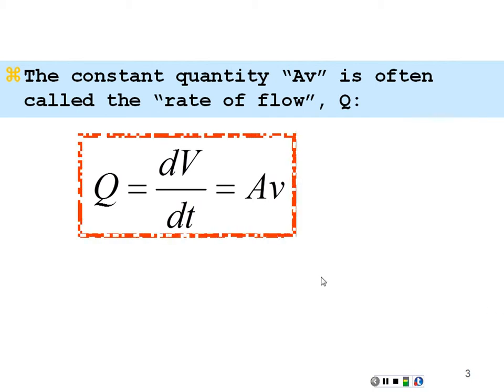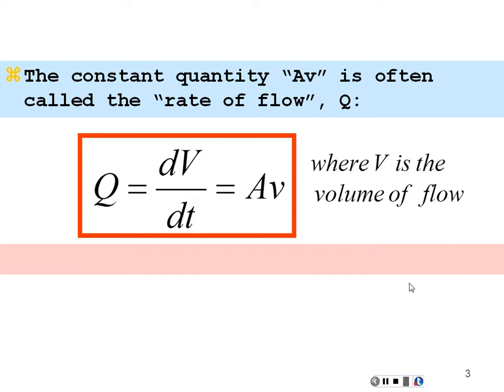If we look at the units, area is meters squared, velocity would be meters per second, so we'll end up with units of meters cubed per second for area times velocity, and that truly would be volume per time. Meters cubed is volume, per time seconds, so Q is the volume per time that passes through the pipe.